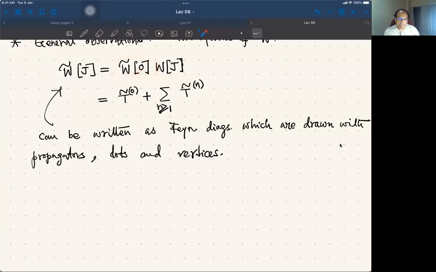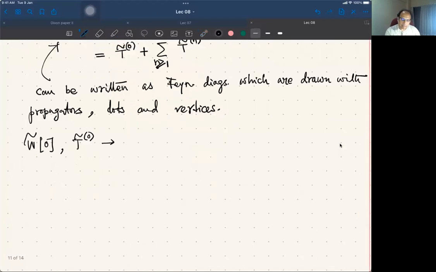Similarly, in the second expression, this n greater than or equal to 1 set of terms are the powers of J, but T tilde 0 has J to the power 0, and therefore there are no dots. So W tilde 0 and T tilde 0 contain graphs with no dots, and these are nothing but vacuum diagrams.